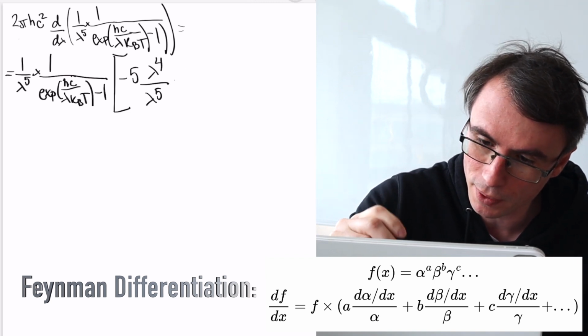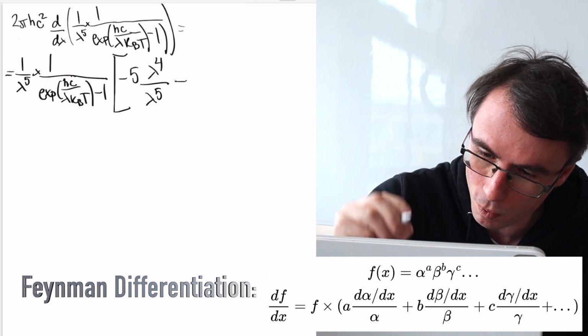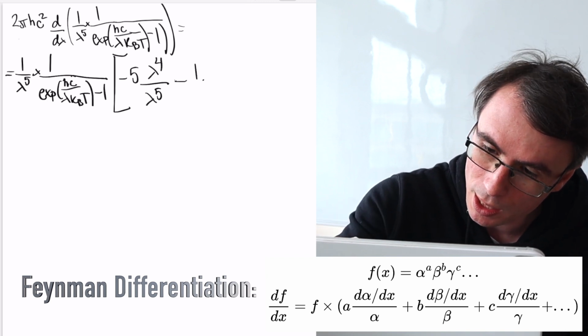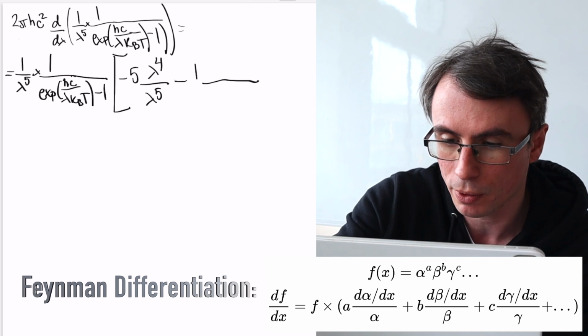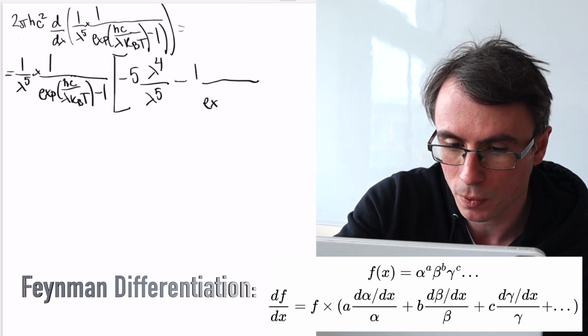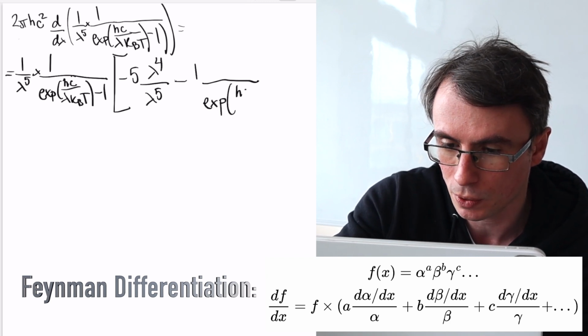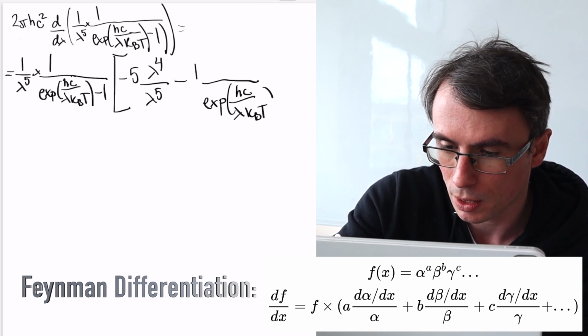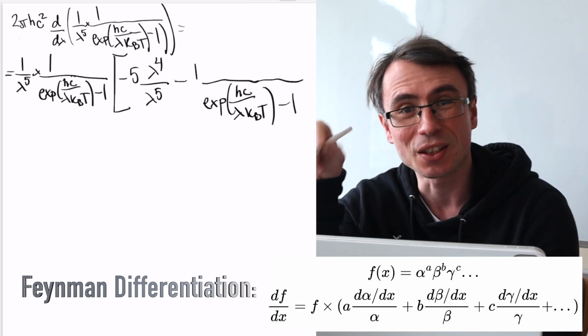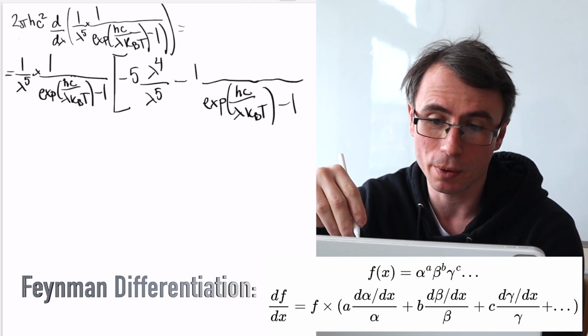So we're just going to have a little -1 over here. Once again, in the denominator, just copy your expression. So this here is just the exponent of hc over lambda kbt, take away 1.